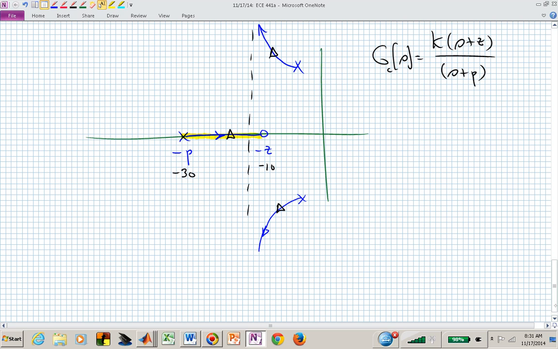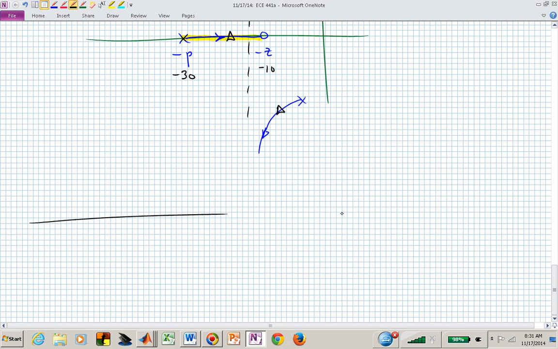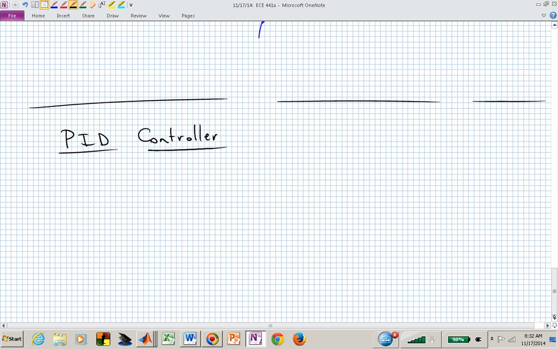Let's now look at building up a PID controller. We've introduced this. We have a proportional piece, we have an integral piece, and we have a derivative piece.